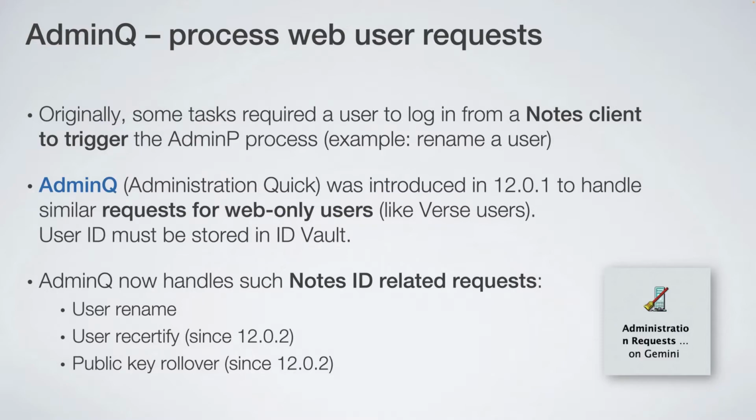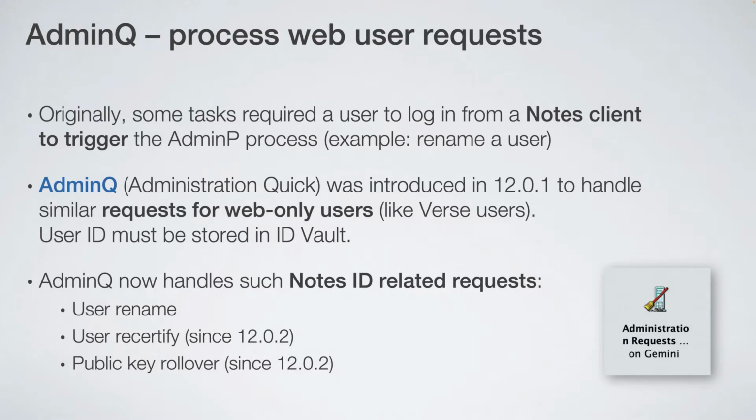Because as you maybe know, the admin process takes care of all these automatic changes on the server backend, like if someone changes their name or moves into another department and so on, the admin process takes care of renaming, access controls, readers fields and so on.